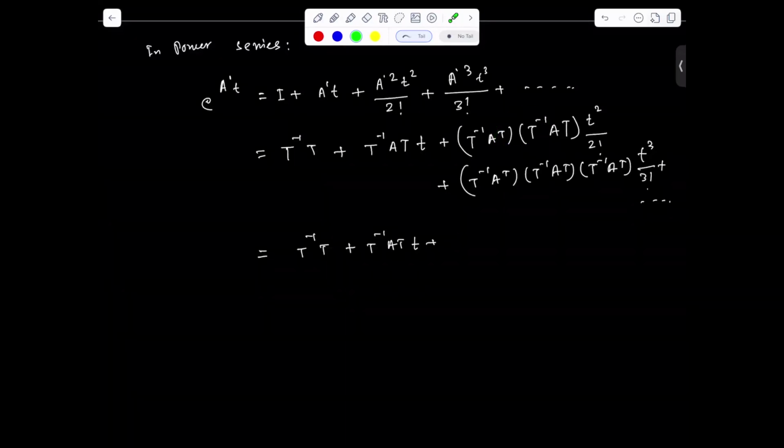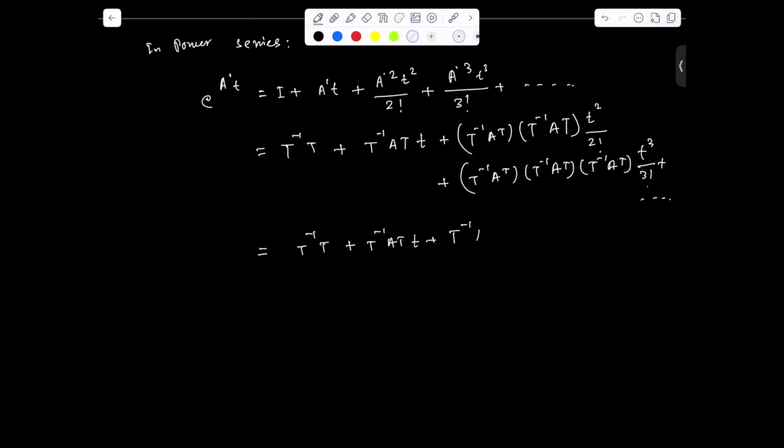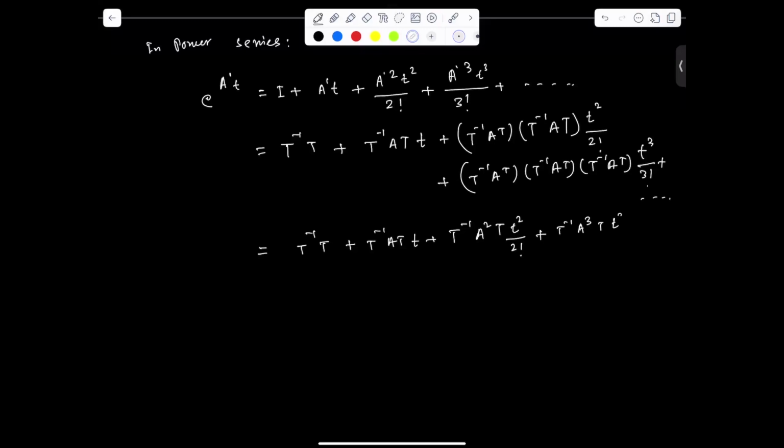So from this term we can write T inverse A square T t square divided by 2 factorial. Similarly here, this is the identity matrix, this is the identity matrix, so from this term we can write T inverse A cube T t cube over 3 factorial.